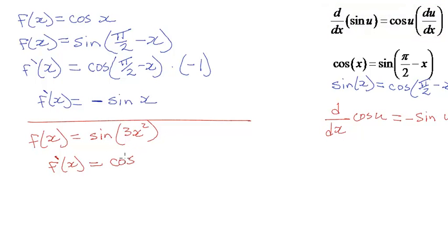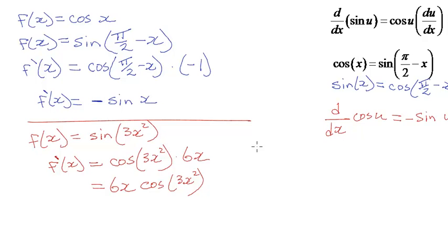We start by taking the derivative of sine, that's cosine. Keep the argument the same, so that's this part, multiplied by du by dx, which is the derivative of this, so the derivative of 3x squared is 6x. And we just usually rewrite that with the 6x in front. So there's the derivative.